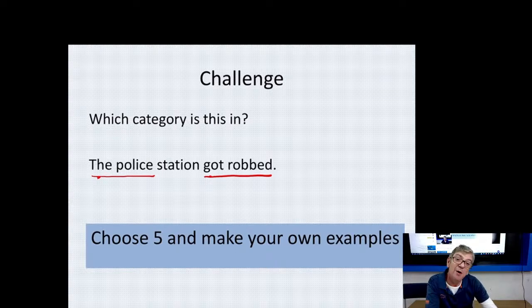Then find an example that you might use in everyday language or that you think you like and that you'd like to use in the future. So these are 5 things which will be personal to you, and then you can put that down on the Google Forms that I will send you at some point in the future. Okay? So think about that. You're looking for 5 categories and then some examples for each of those categories.